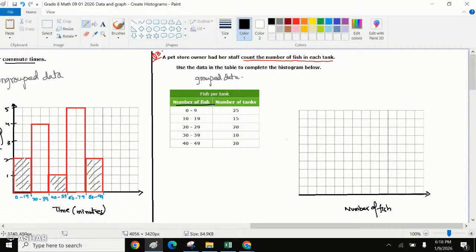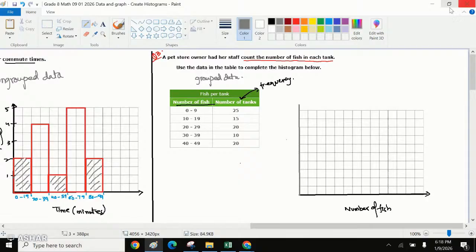The y-axis is always represented by the frequency. The term frequency means the repetitions. How many times did it happen, right? Frequency gives us the repetitions, okay? So on the y-axis we will have frequency.